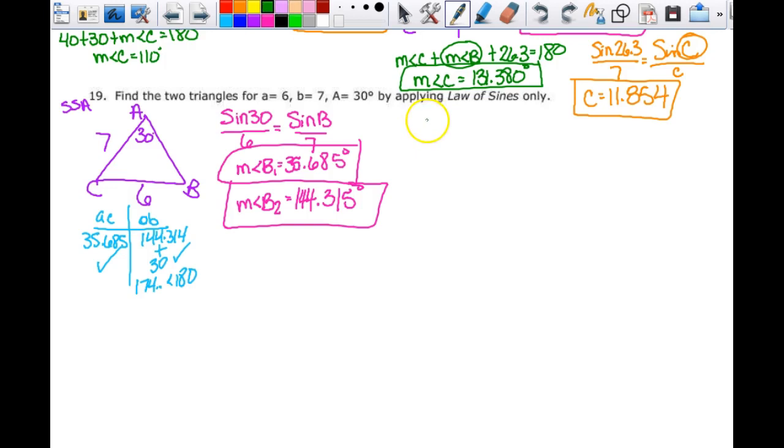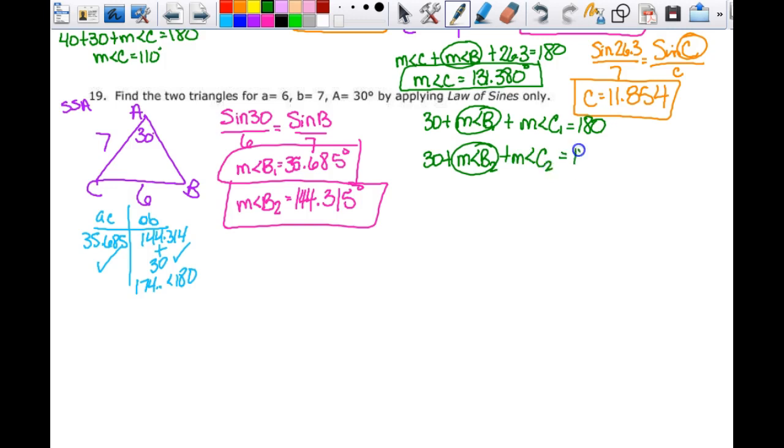So I know that 30 plus the measure of angle B1 that I have in my calculator plus the measure of angle C1 has to equal 180. And I know that 30 plus the measure of angle B2, which is in my calculator, plus the measure of angle C2 is also equal to 180.